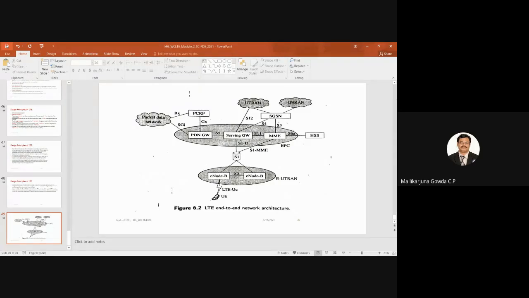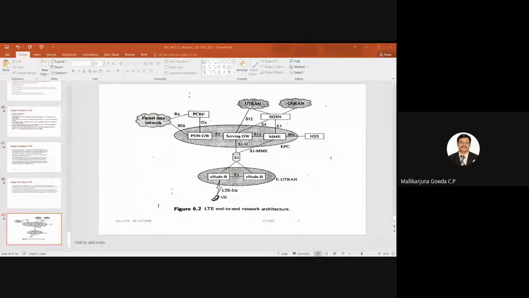Yes, hope you are able to see. I feel I can talk to 10 people with respect to this diagram. Each one of you, is it possible to read? Whoever has not spoken so far, I think around 25 people are there. Out of 25, at least 10 people will get an opportunity to say what the network elements are.